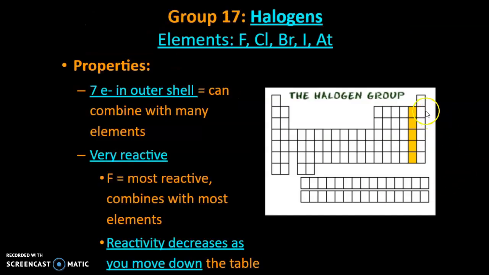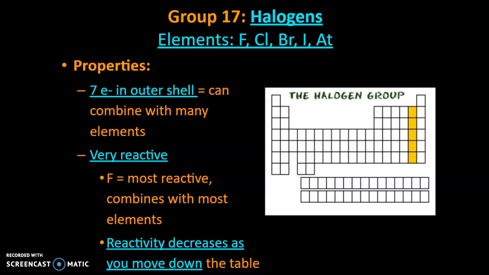And then we skip all the way to the 17th group right here, halogens. Now, halogens, they have 7 electrons in their outer shell. To be stable, you need 8, so they really want an electron from another atom.